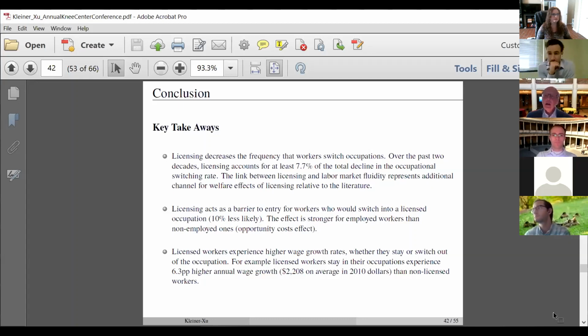However, when you take into account some of the work that he's done, and I've done with Evan Soltis, the effect on reducing employment is much higher than wages going up. So the overall welfare effects are negative because employment goes down a lot more relative to wages, which is one measure of prices going up.